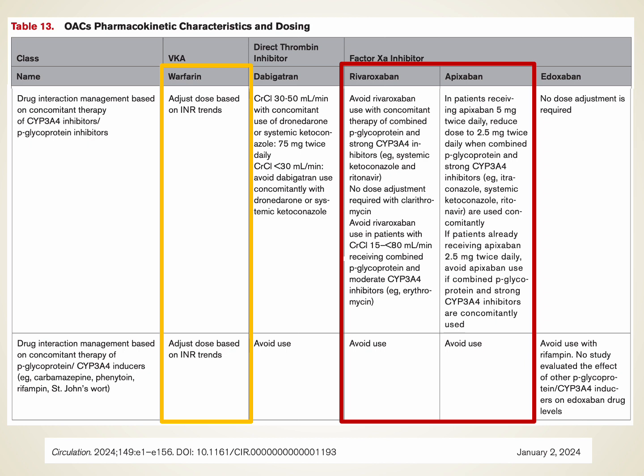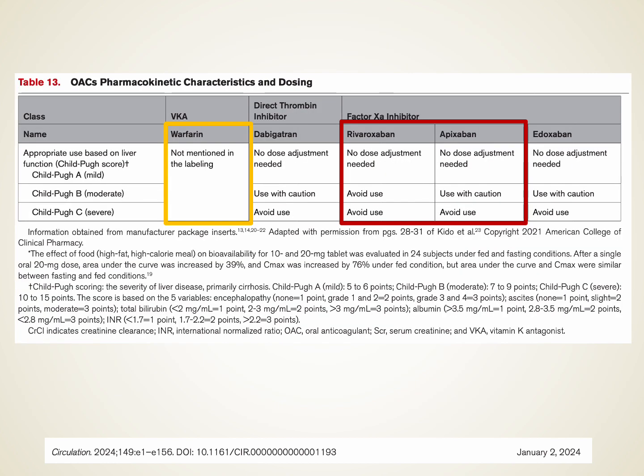And so in general, there's consideration for certain drugs that affect either P glycoproteins or cytochrome P450 3A4 agents. And some of the examples, but not all of them, are listed here. And then finally with DOACs, for liver disease, in moderate liver disease, no dose adjustment, but we're more cautious in more advanced liver disease.